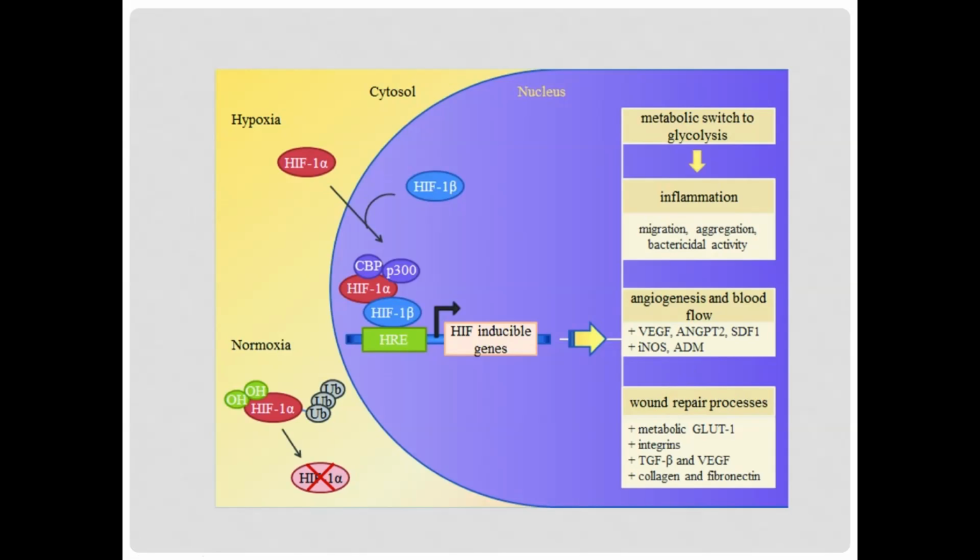Nitric oxide synthase. And then ADAM, this is a metalloprotease that's going to degrade supramolecular structures so that you can make a space where you can construct new blood vessels.